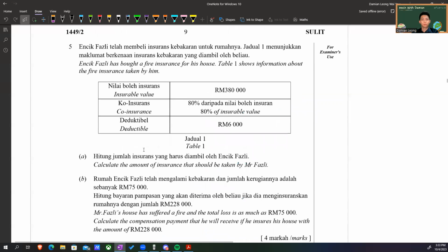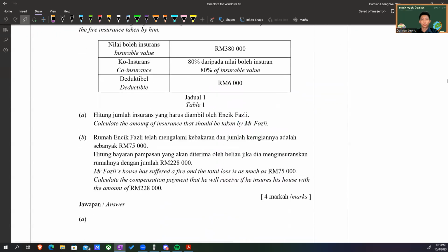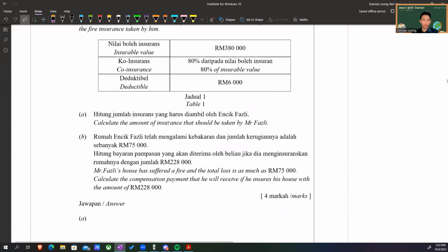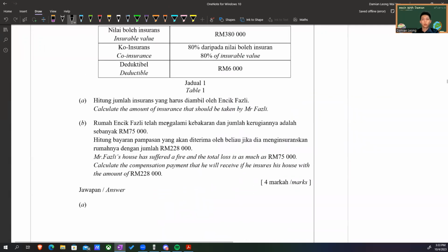Question 5. So I have fire insurance. This is the information: insurance value, co-insurance, deductible. Calculate the amount of insurance that should be taken by Mr. Fasli. So the value of his house is 380,000.